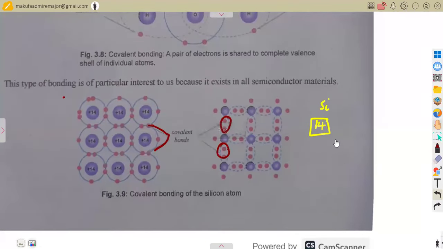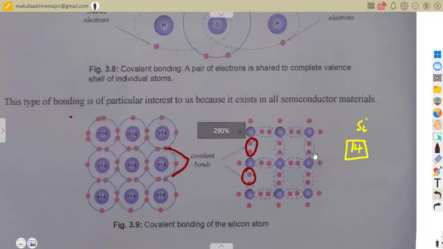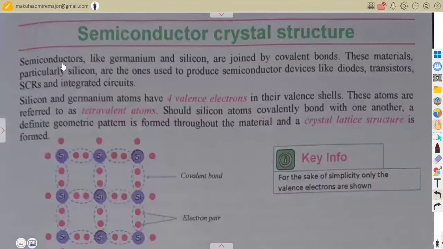Guys, I hope you understand what is happening. This type of bonding is of particular interest to us because it exists in all semiconductor materials. So this is what we had before. If you check here, we've got the semiconductor crystal structure from that silicon that we had.